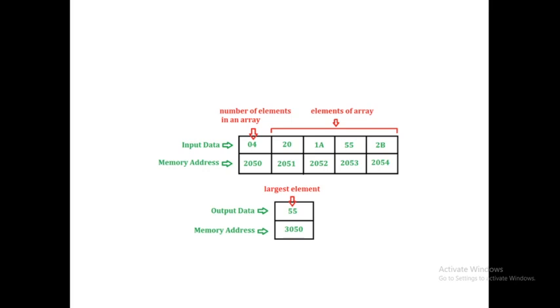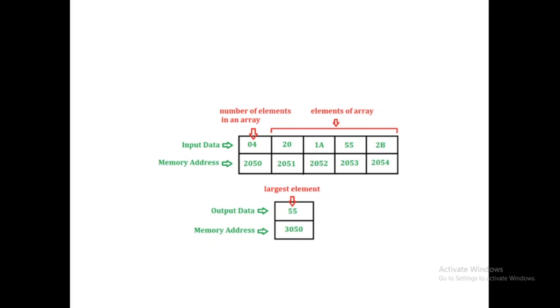So in this problem, memory locations 2051, 2052, 2053 and 2054, that is 4 memory locations, hold 4 numbers: 20, 1A, 55 and 2B.